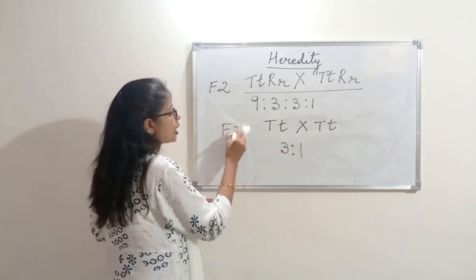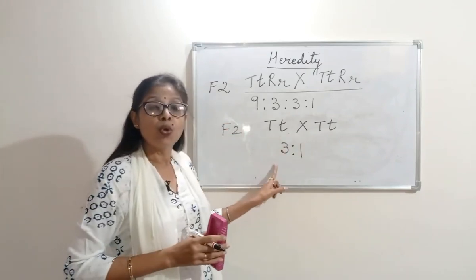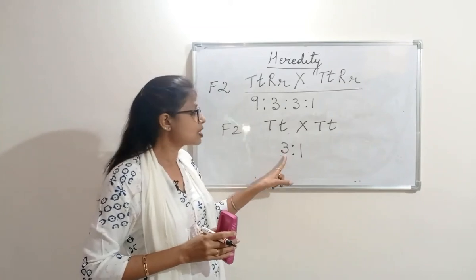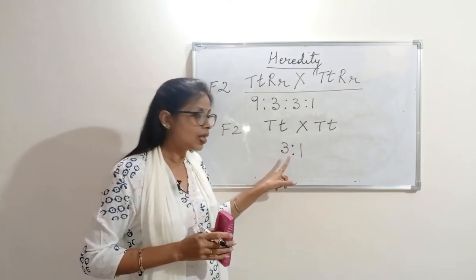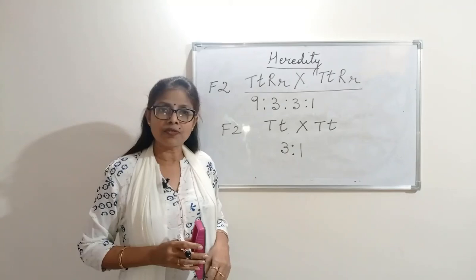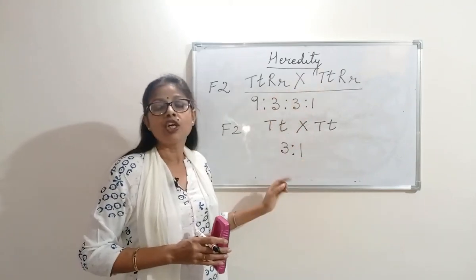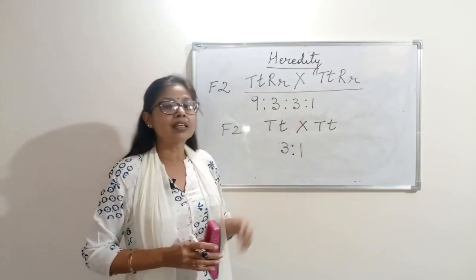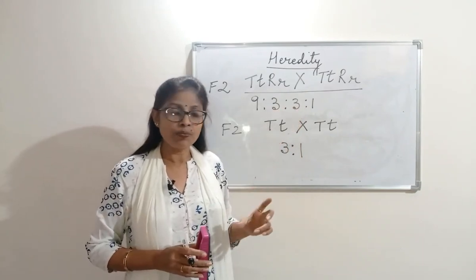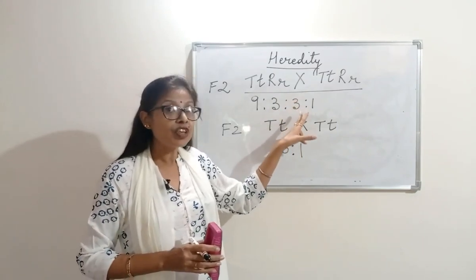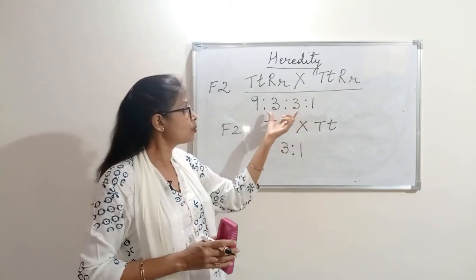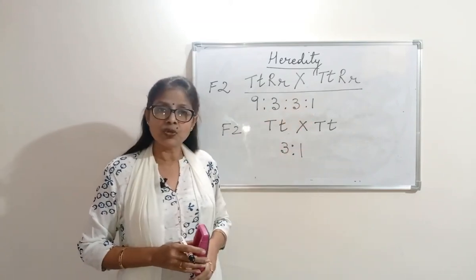This was the F2 ratio in monohybrid cross. That means 3 were tall and 1 was dwarf. We can solve this in the Punnett square to get the exact number of the ratio. So here this is the phenotype, not the genotype. These ratios are the phenotype.